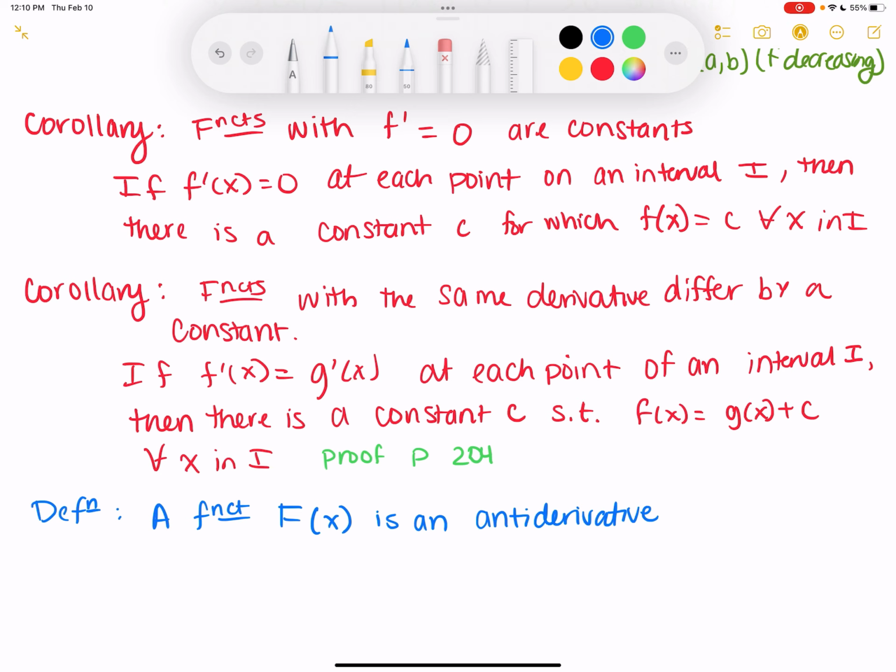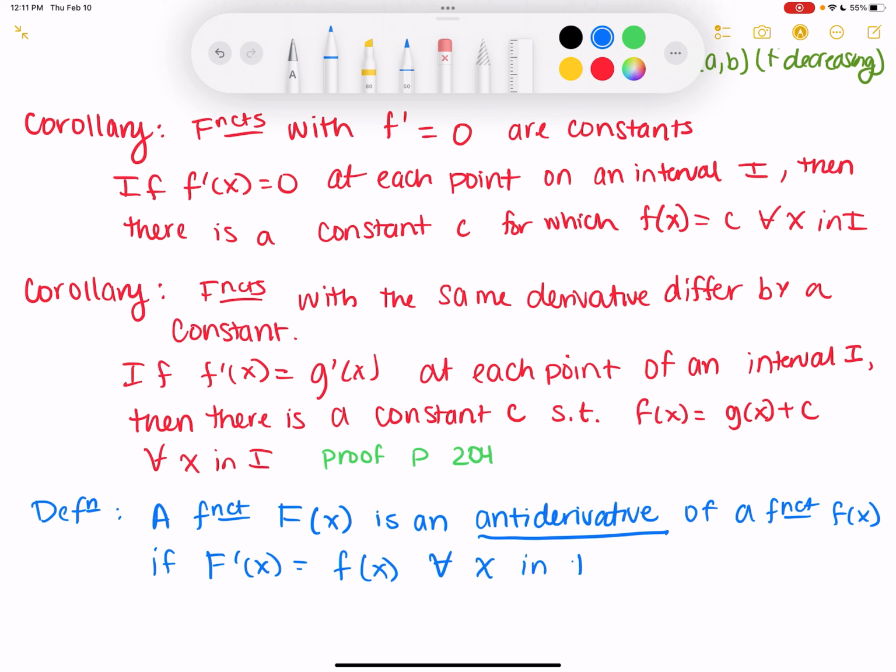So that means that we're doing the reverse of a derivative of a function f of x if capital F prime of x is equal to lowercase f of x for all x in the domain of f. The process is called antidifferentiation.